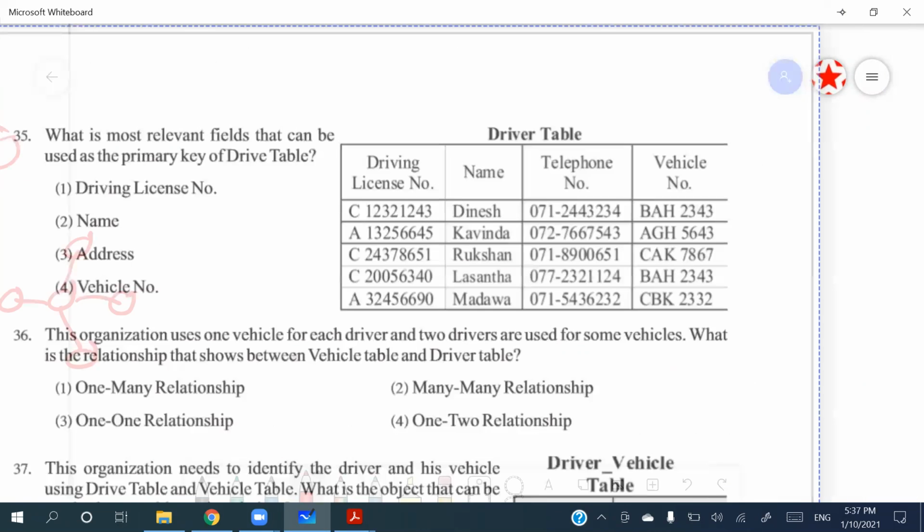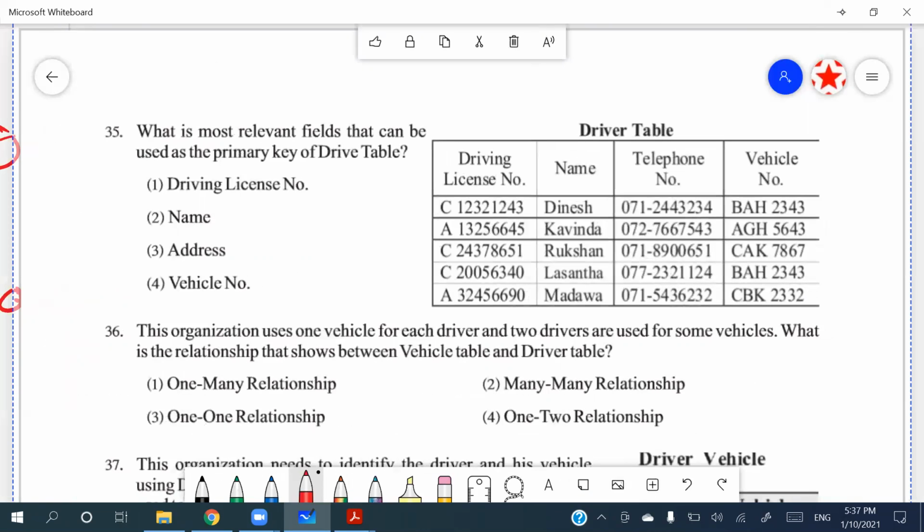It is asking what is the most relevant field that can be used as the primary key of the driver table. Driving license number, name, address, vehicle number. If you consider these particular records, driving license number is not repeating, and name is also not repeating.